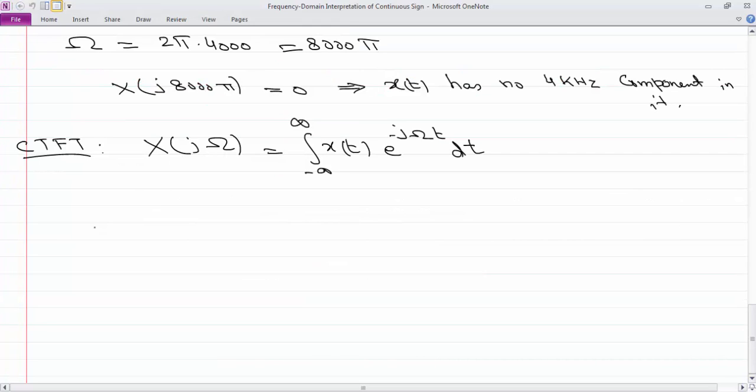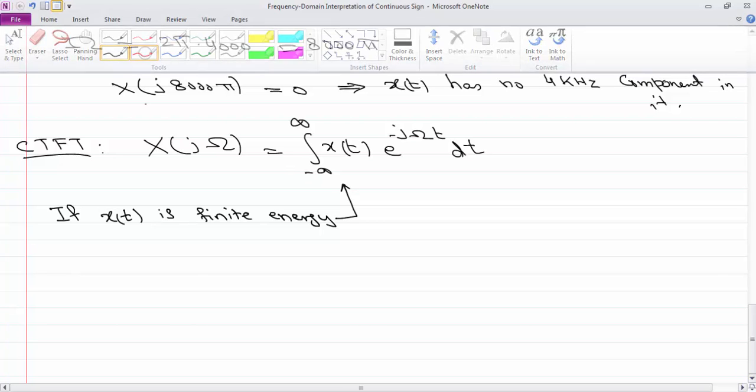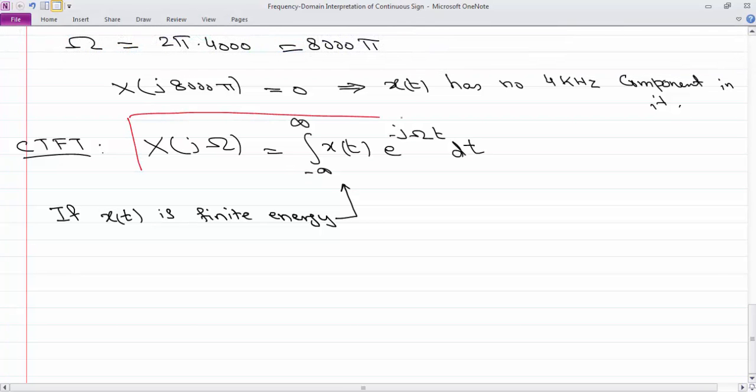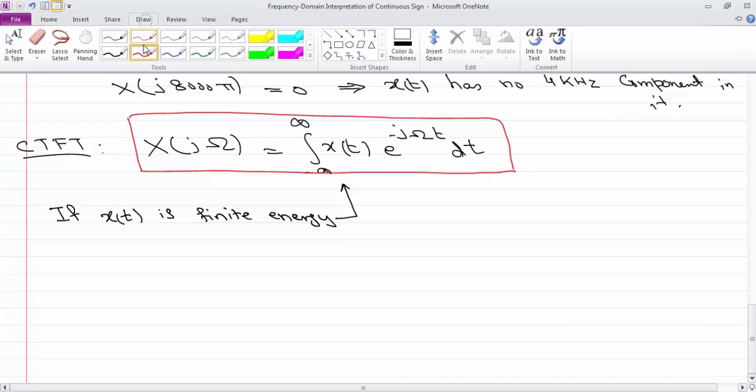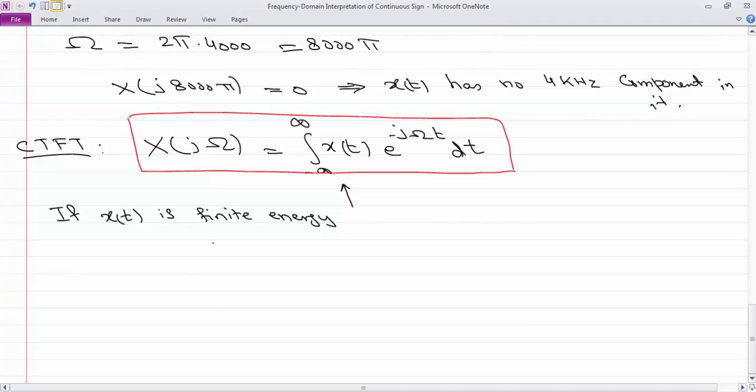So a brief recap of what the Fourier transform tells us is the following: if x of t is finite energy, then there exists a Fourier transform of the signal, which is given by the above formula. It's called the continuous time Fourier transform, and what it tells us is the frequencies that make up your finite energy signal.